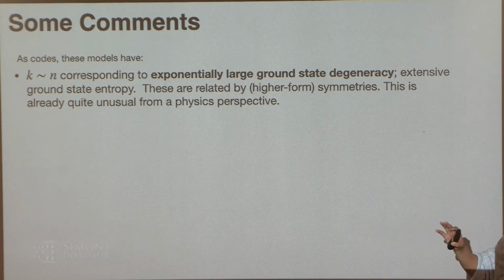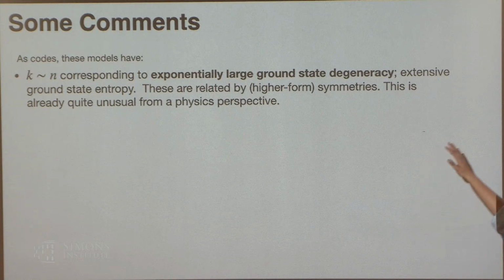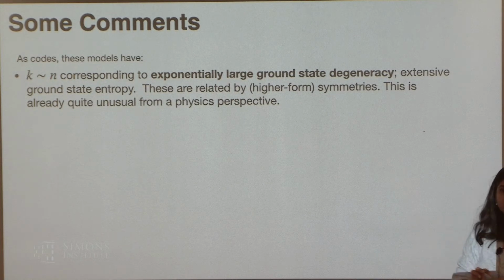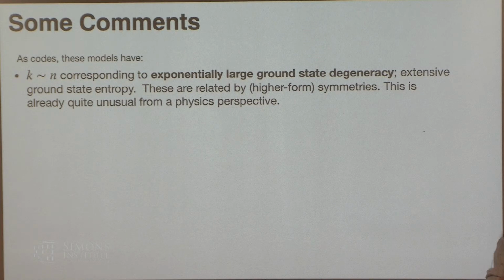And now we're also saying, that was the point I just made, that if you perturb these models, you can actually preserve this kind of extensive ground state entropy. So usually we have various fine-tuned cases where you can get extensive ground state entropy, but then you worry about the third law, and you say, okay, if I perturb it, then that gets lifted. But in this case, actually, it can remain stable.